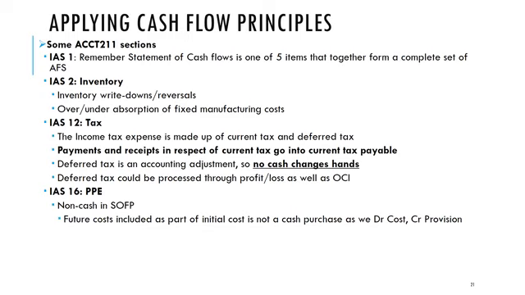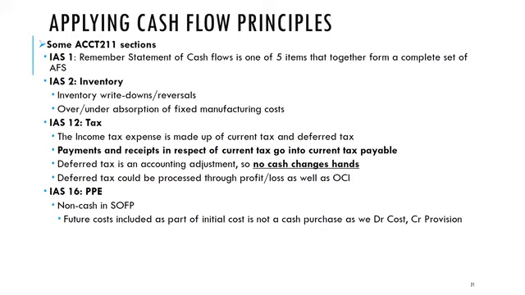And non-cash in the statement of financial position, looking at our future costs included as part of the initial cost, is not a cash purchase. So here they're talking about when we do that provision for dismantling and we capitalize it to the cost of our PPE, that again is a basic accounting adjustment. It's not going to impact bank itself.